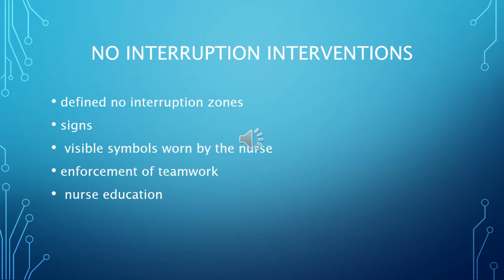No interruption interventions include, but are not limited to, defined no interruption zones, such as a place in the medication room where if a nurse is present, there are to be no interruptions. Signs placed that are visible indicating that the nurse is in a no interruption zone and should not be disturbed. Visible signs worn by the nurse, such as a bright-colored pin or vest.